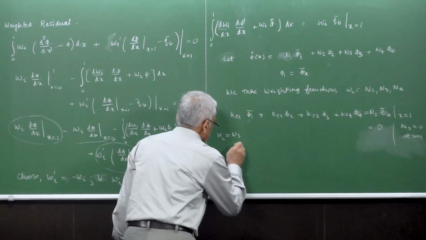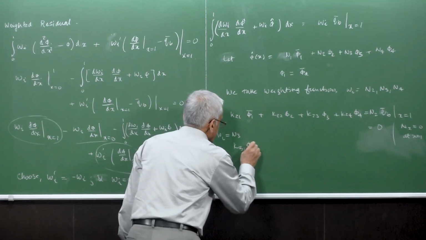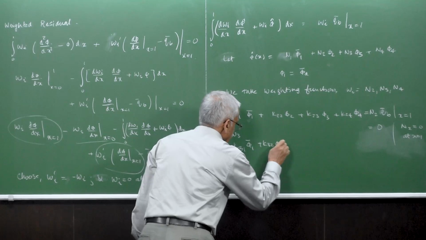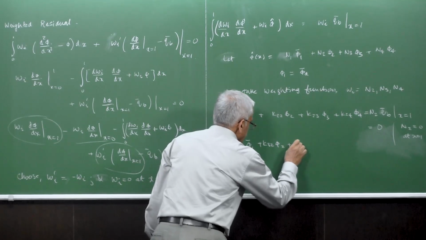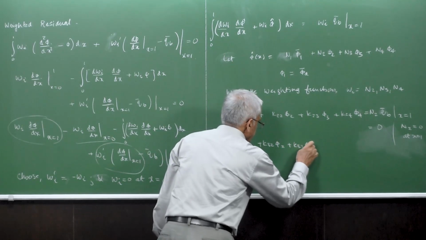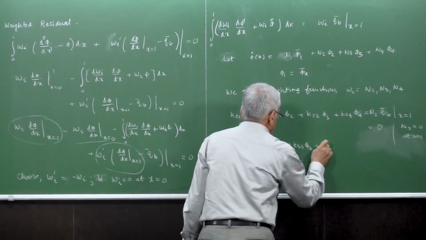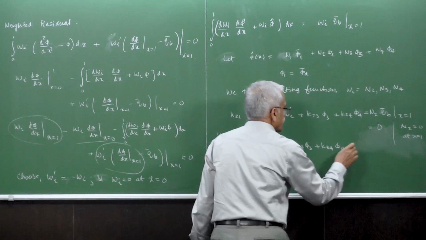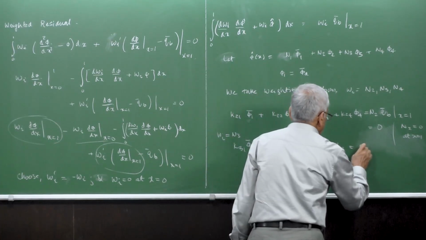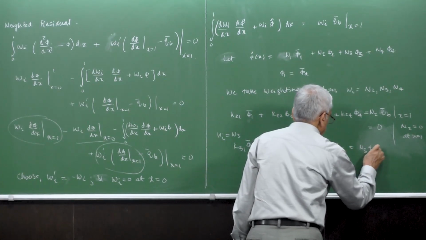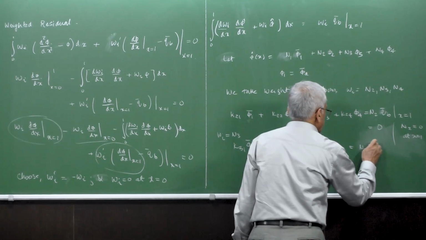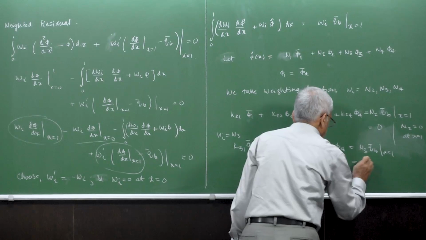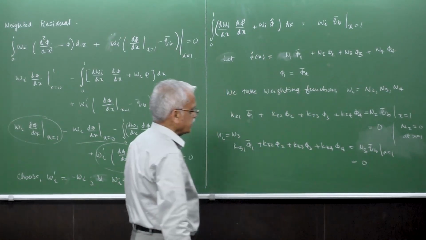And this also looks like K31 phi 1 bar, K32 phi 2, K33 phi 3, and K34 phi 4. And here also we have N3 times QB as prescribed. Again, this is 0, because N3 is 0.